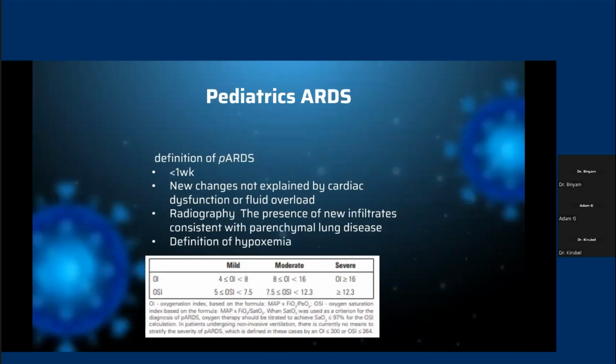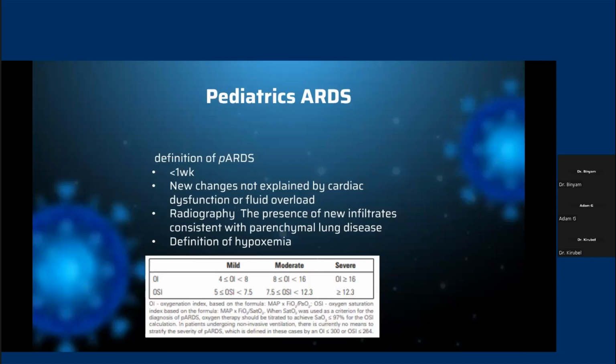Last but not least, pediatric ARDS, and I'm going fast. Sorry. So the last part is pediatric ARDS. The pathophysiology has its own issues, but there are some common things.